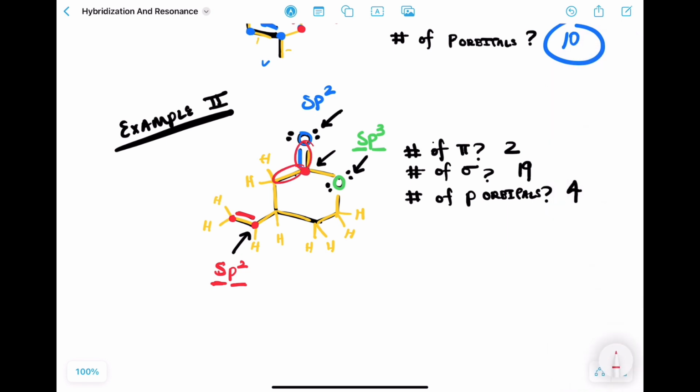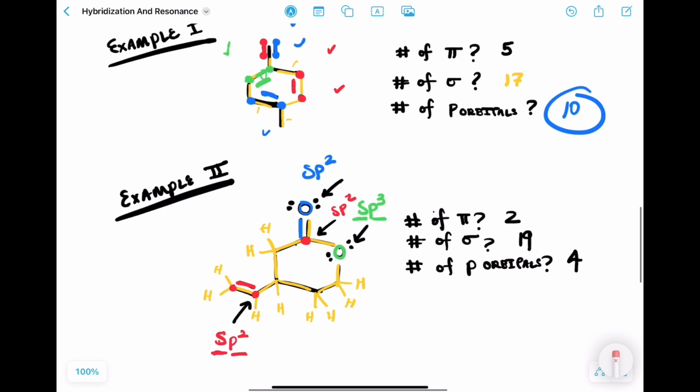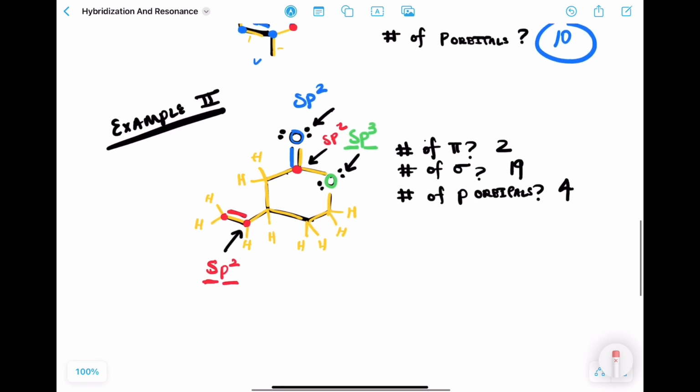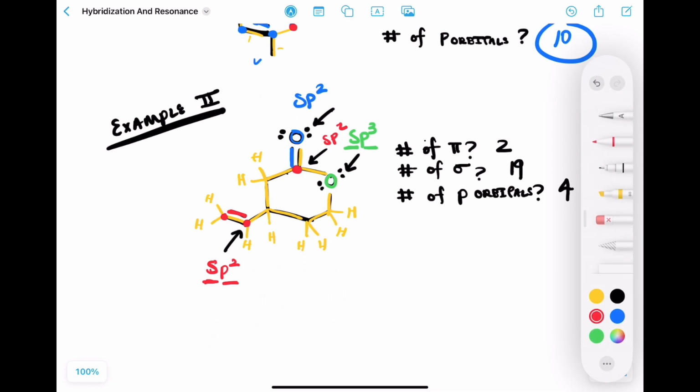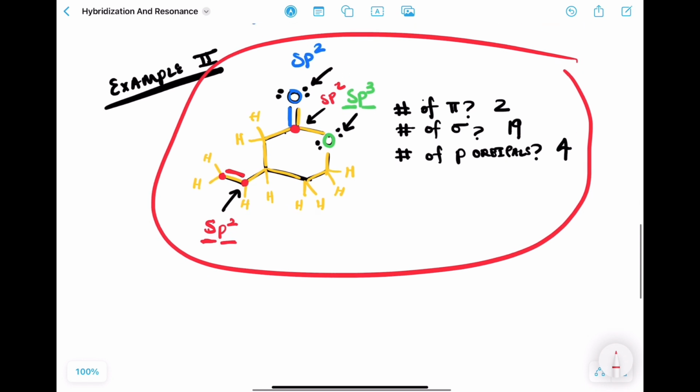It has 1 group, 2 groups, 3 groups around it, so it's sp2. And so we can also ask the hybridization of atoms, right? And so these would all be valid questions for your test. All of these types of questions are going to be high yield. And so I'll go ahead and circle this in red to notify that it is a high yield concept.